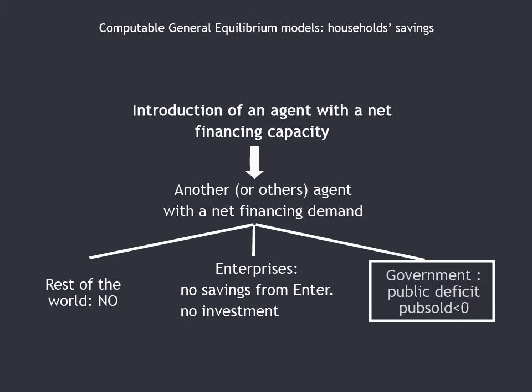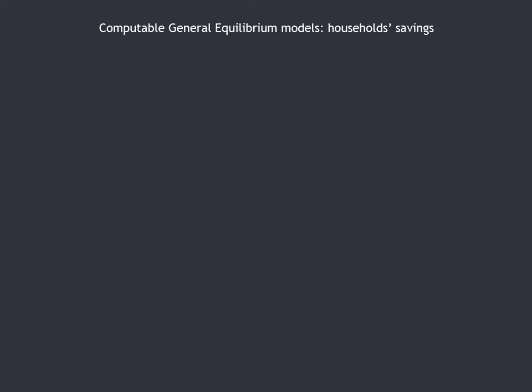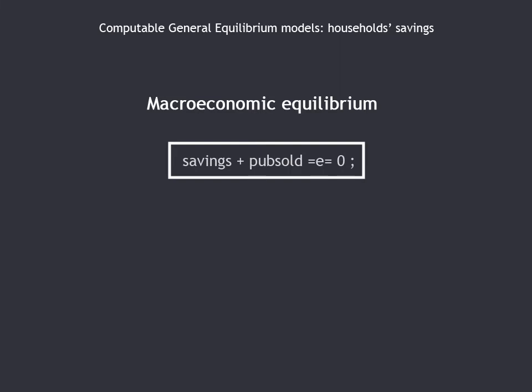We have a public deficit. So it means that we have to write a new equation which used to be called Macroeconomic Equilibrium. In this model it is very simple: savings plus PUB_SOLD is equal to 0. So this is the macroeconomic equilibrium.